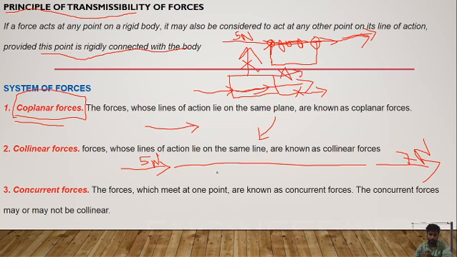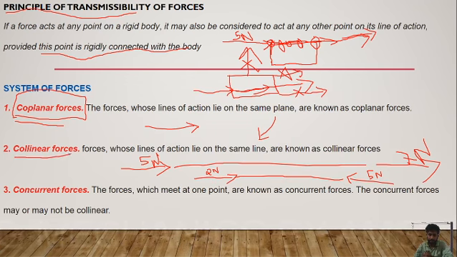One more example: this is a 2 Newton force, and in the same line, this is a 5 Newton force. These two forces again lie in the same line, and the directions are opposite, but they are called collinear forces. Collinear means the forces are on the same line.